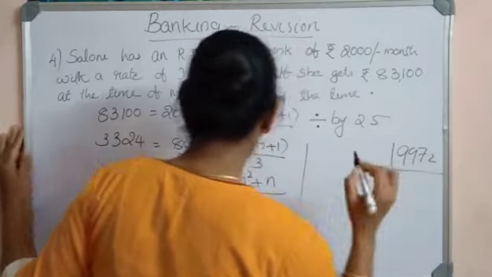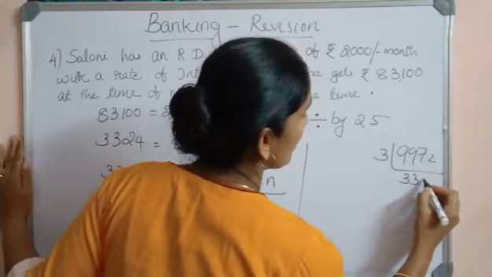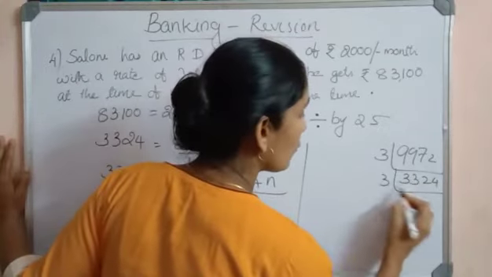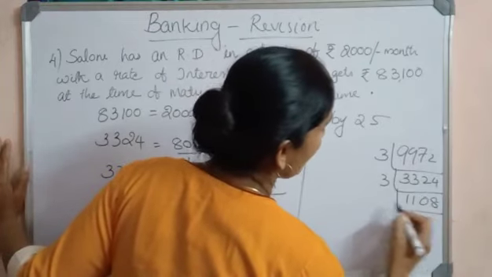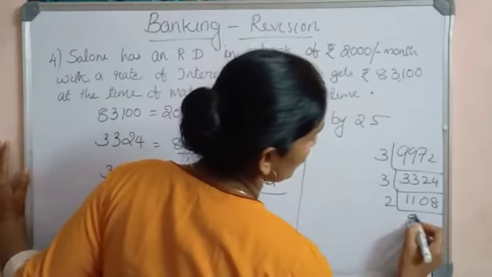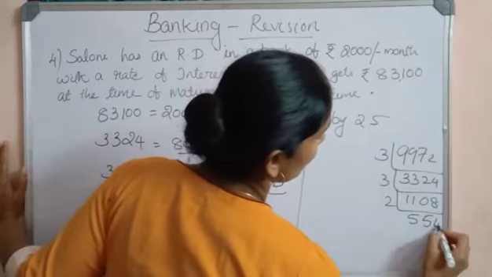9972 divided by 3, this will be 3324. Again by 3, 1108. By 2, this will be 5 2s are 10, 5 5 4.